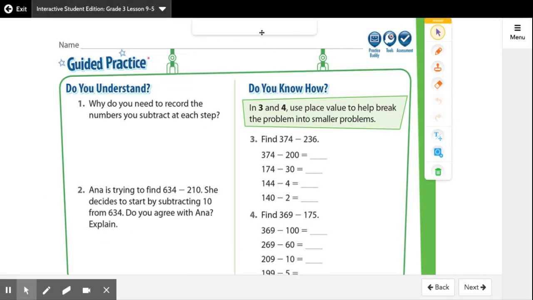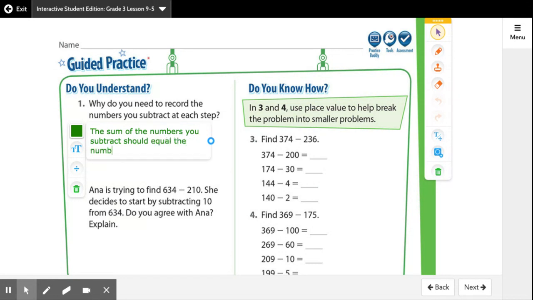Let's get the text box going. You can write as I type, just like we do in class. I'm going to say the sum of the numbers you subtract should equal the number being subtracted.